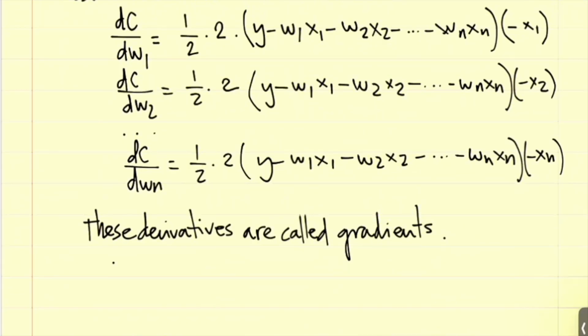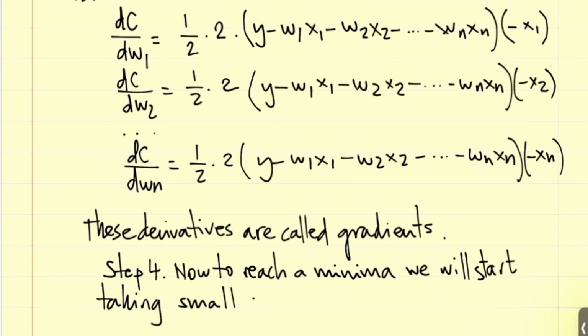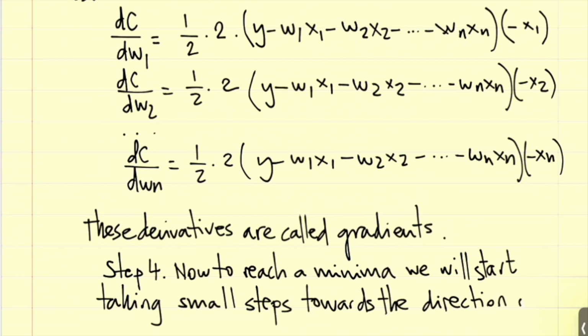Step 4. Now, to reach a minimum, we will start taking small steps towards the direction of the minimum, in the opposite direction of the gradient.